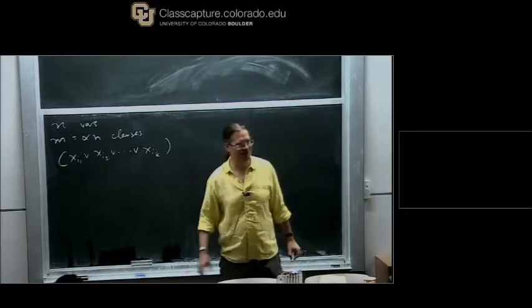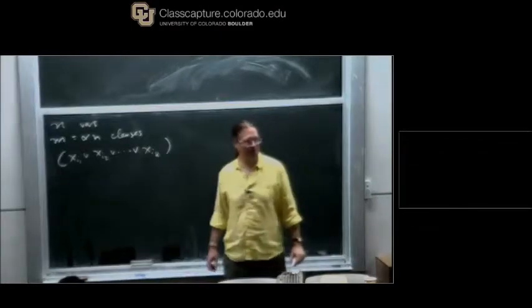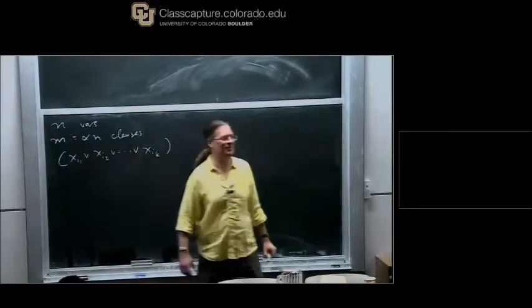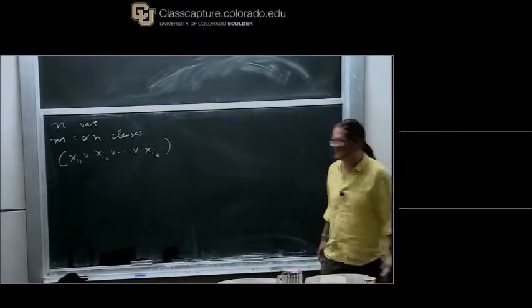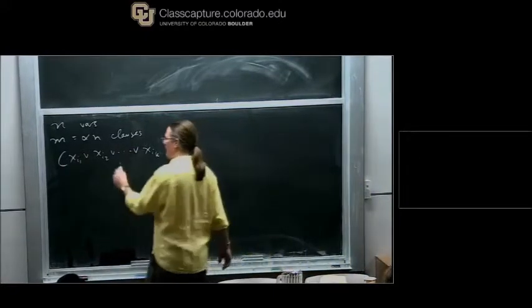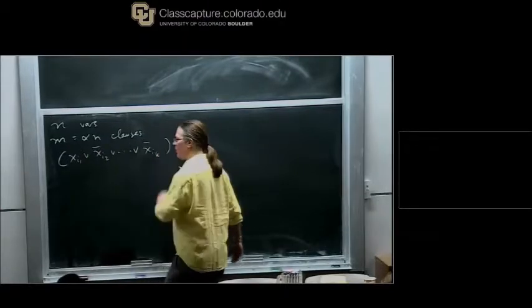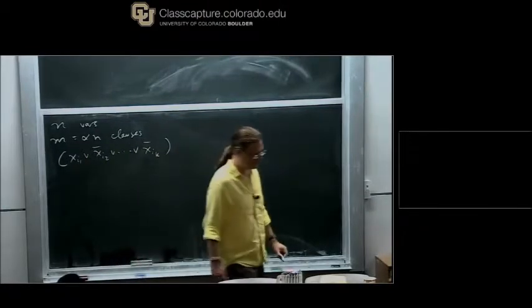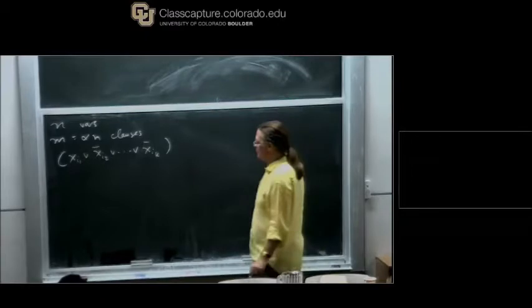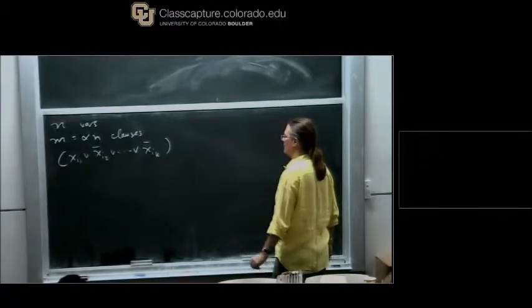As Julio said, we don't really care whether there are self-interactions, whether we're allowed to choose the same variable twice. And then we flip each one with probability 1/2. And then we ask, when does this have a satisfying assignment?